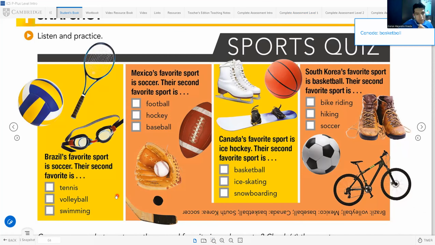Is tennis, volleyball, swimming. Everybody knows the meaning of tennis, volleyball, and swim. Joel Aguilar, can you read the second box, please?